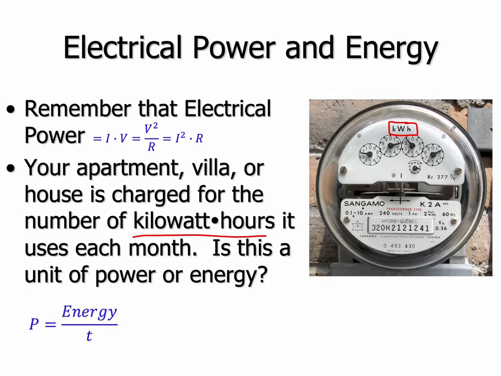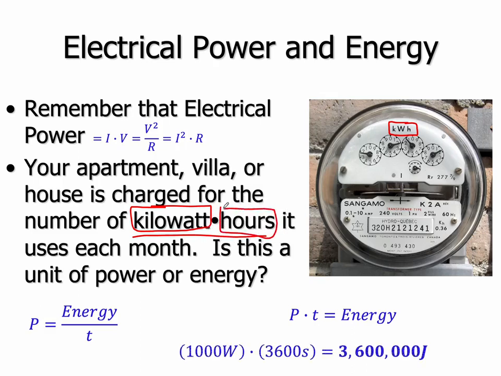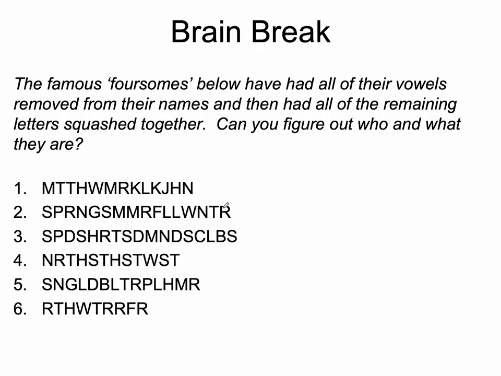If you remember, power is energy over time, you can rearrange that as power times time is equal to energy. Kilowatt is a unit of power, it's 1,000 watts. Hour is a unit of time. So a kilowatt hour is a form of energy. 1 kilowatt hour is 3,600,000 joules of energy. And yes, you get billed in groups of that each month.